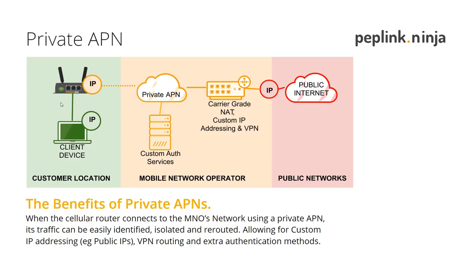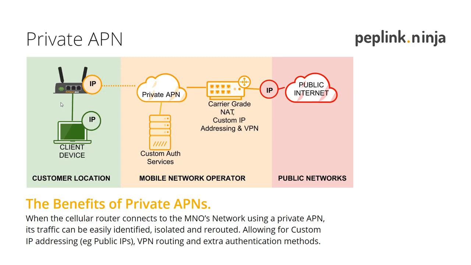So in the mobile network operator world, those useful things are custom IP addressing. If I had 1,000 devices and they all were on my own private APN, I could give an IP range to all of those devices, perhaps even statically assign them if I wanted to on a private IP range, and then all of my devices could contact each other. Or I might actually want a public IP address, so I'd go onto a specific or private APN and be assigned public IP addressing by the mobile network operator.